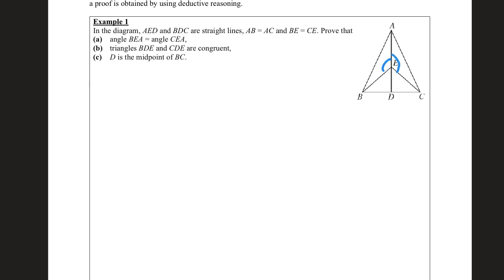So one of the ways, let's say to solve part A, will be to prove that triangles BEA and CEA are congruent. So we'll start off with BEA, CEA. Then of course we look at these two lengths, and I know that they are the same. So BE equal to CE, because this is given, so they are the same length.